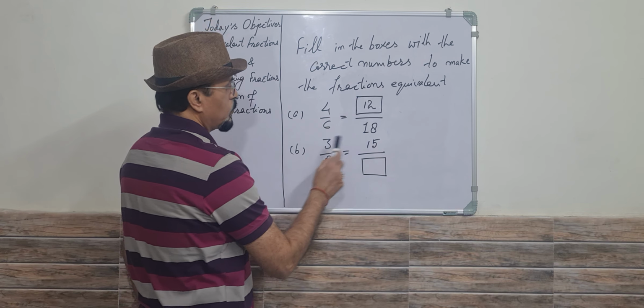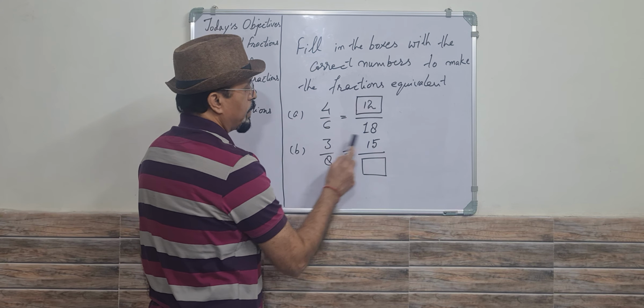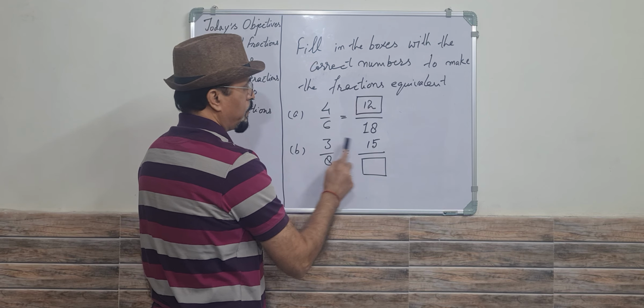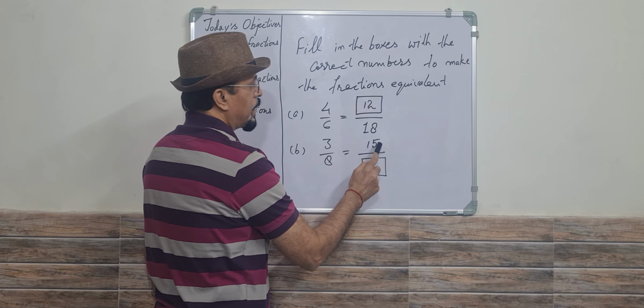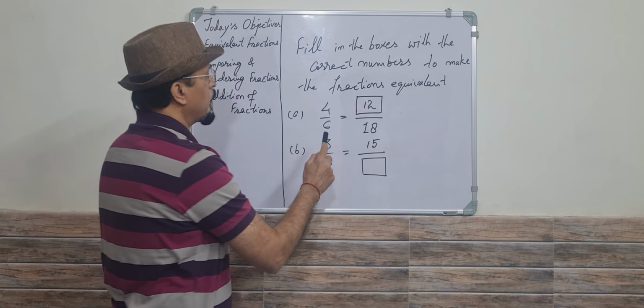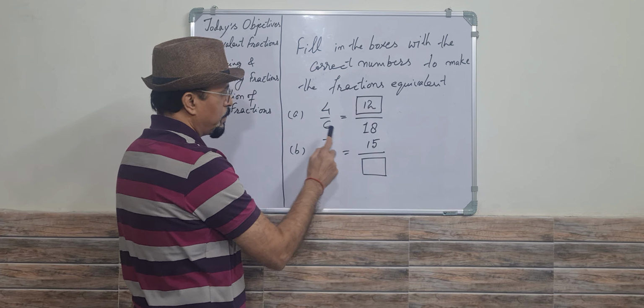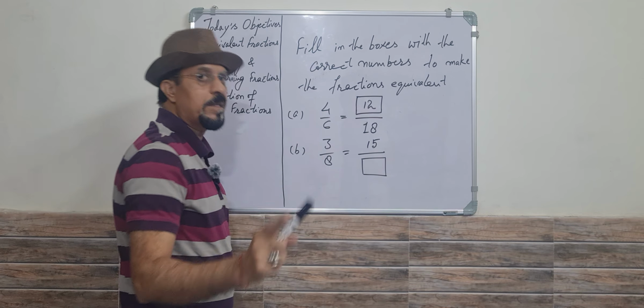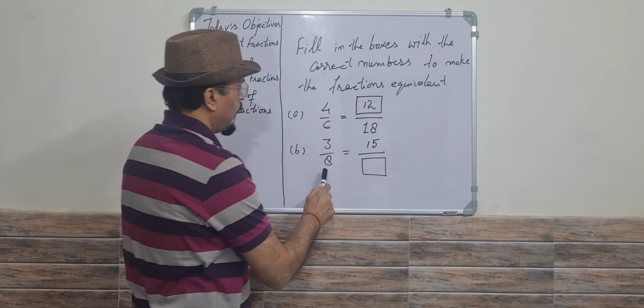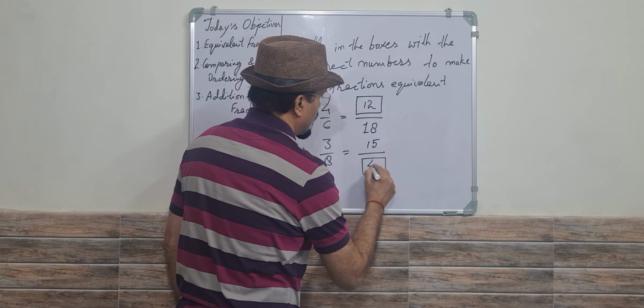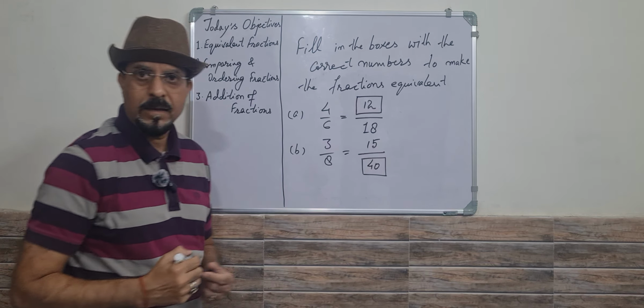So if I look at this numerator, 3 5s are 15. So if I multiply it by 5, I get the numerator 15. So I will be multiplying the denominator also by 5. So 8 5s are 40 is the answer.